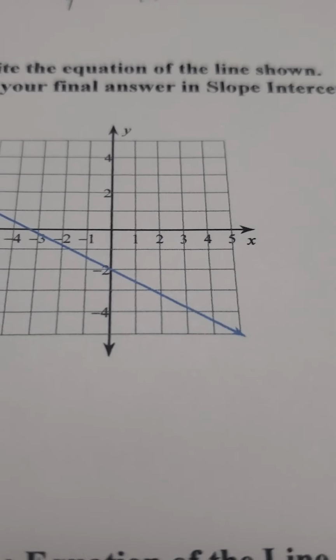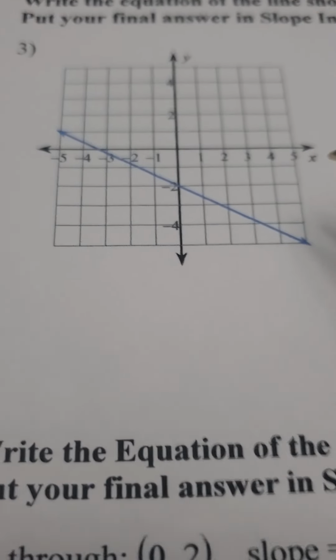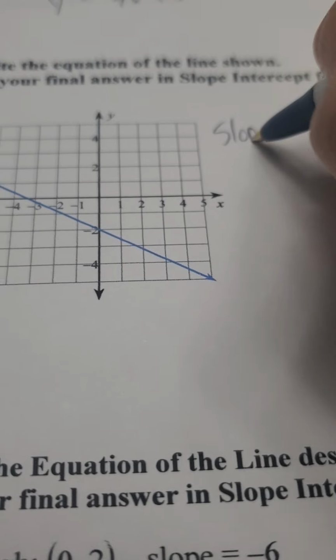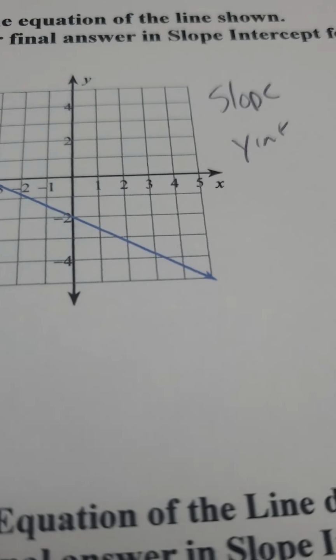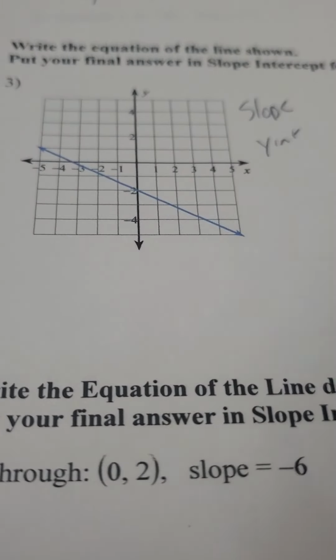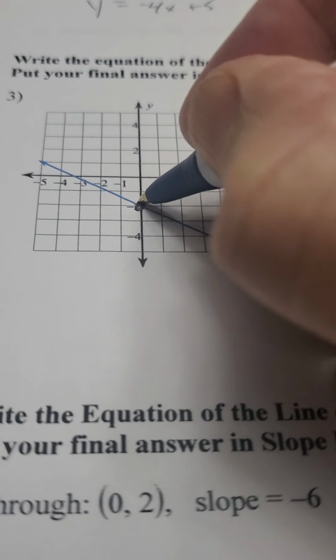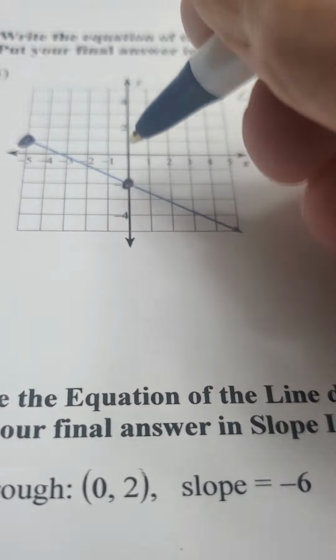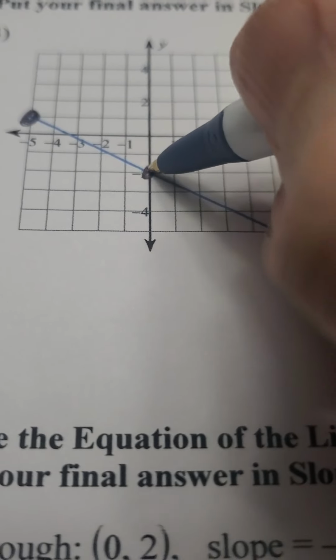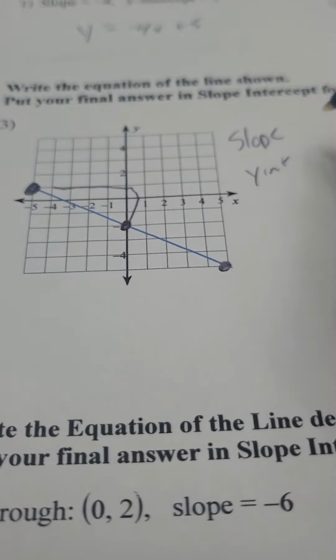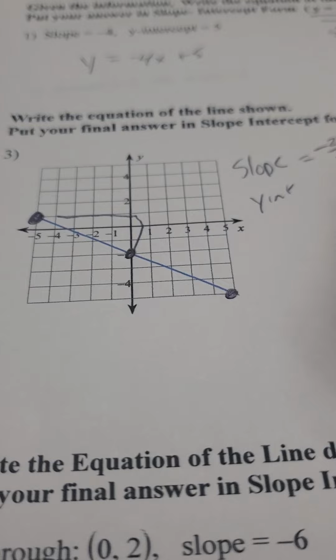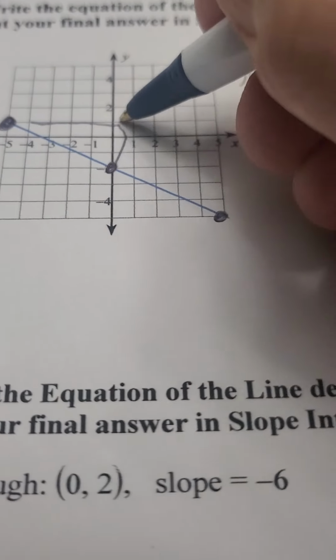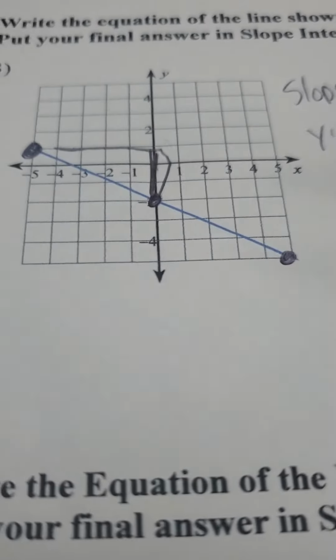Number 3, it's a line, but I still need slope. I still need the y-intercept. Slope. Find 2 good points that cross perfectly, and it would be those 3 right there. I have to find the slope by doing rise over run, which is -2/5, down 2, over 5.